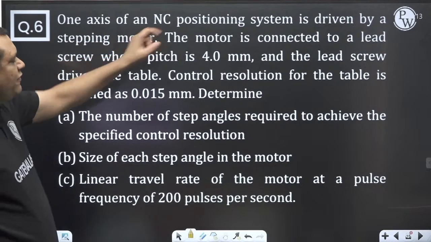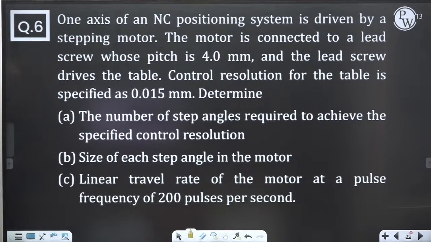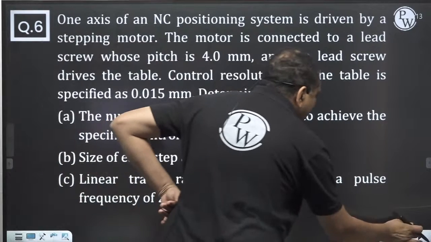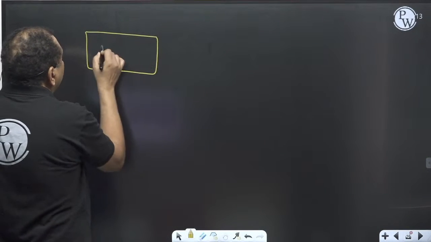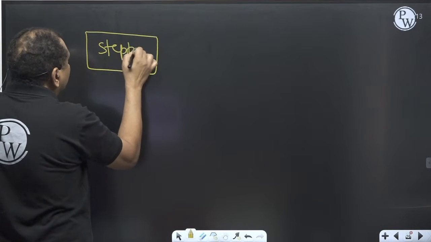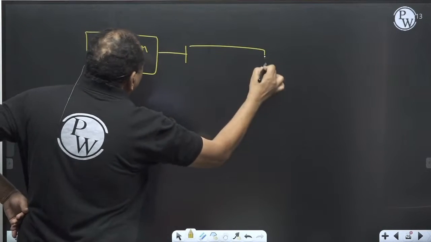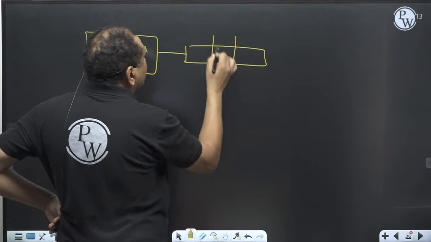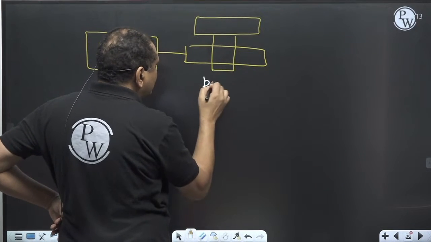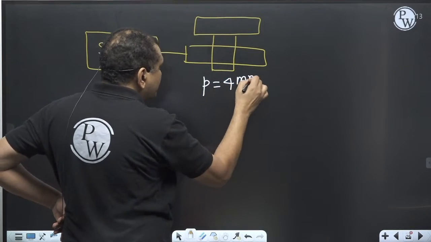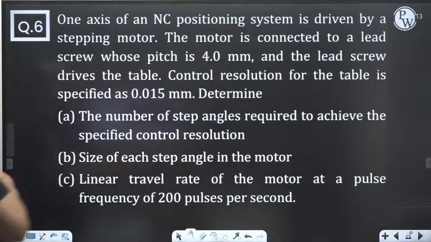One axis of an NC positioning system is driven by a stepping motor. The motor is connected to a lead screw whose pitch is 4 mm. A stepper is connected to a lead screw, the lead screw pitch is 4 mm, and the lead screw drives the table.